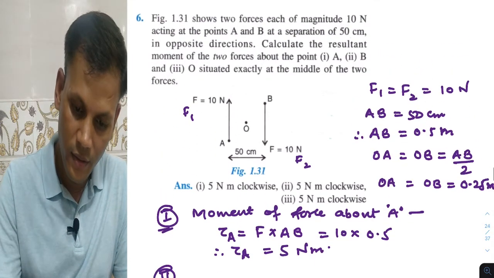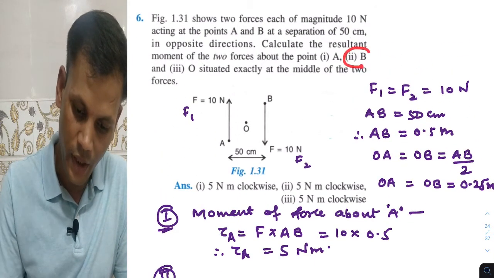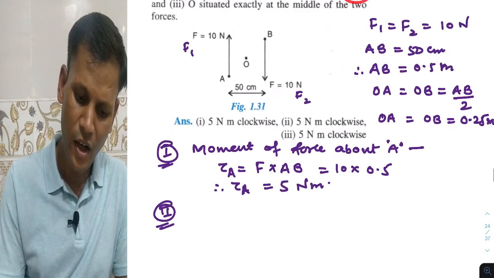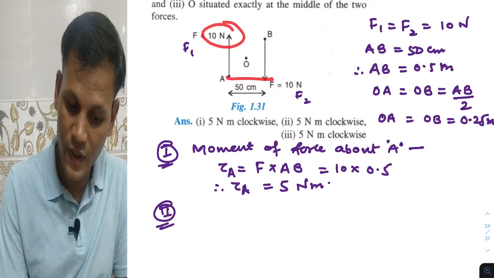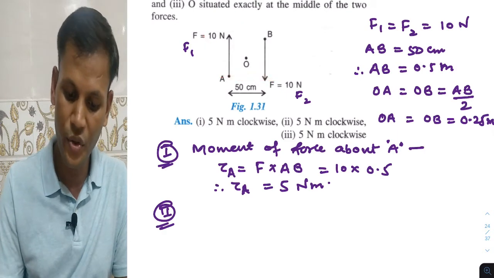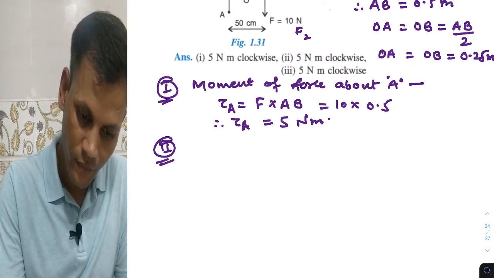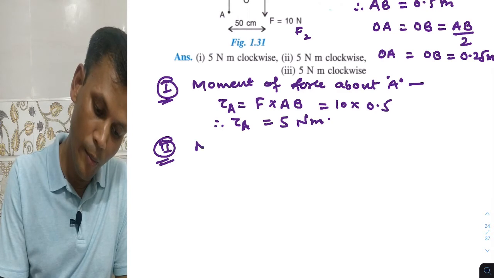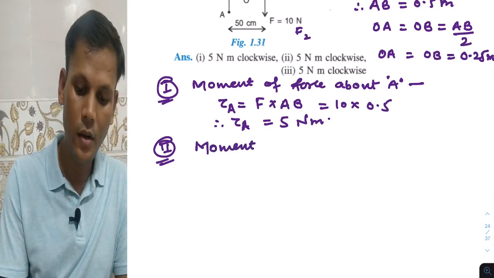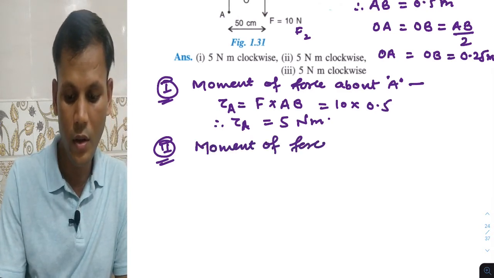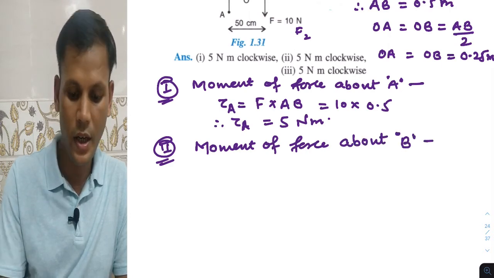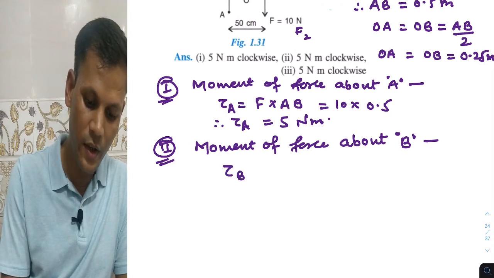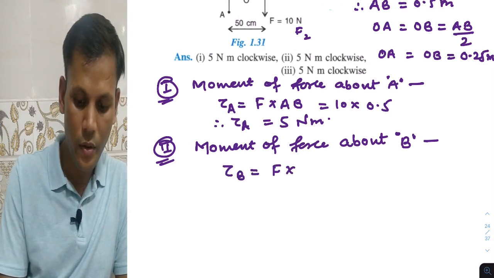Next is the second part, which is about B. We can write the same way. Now for B, this force will not be calculated; we will see this force into this distance. So again it will be F into AB. Moment of force about point B, tau B is equal to F into BA.